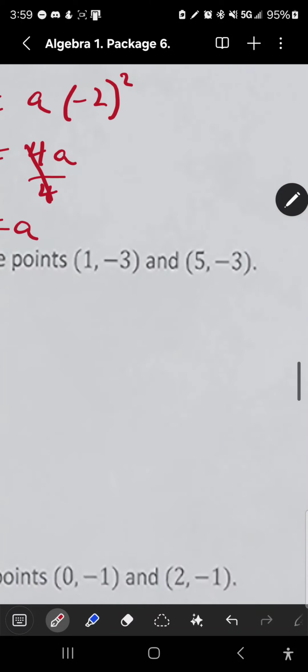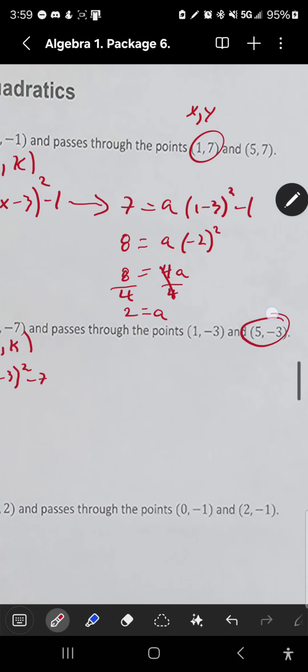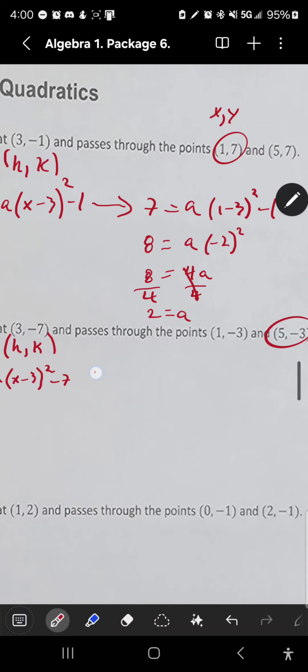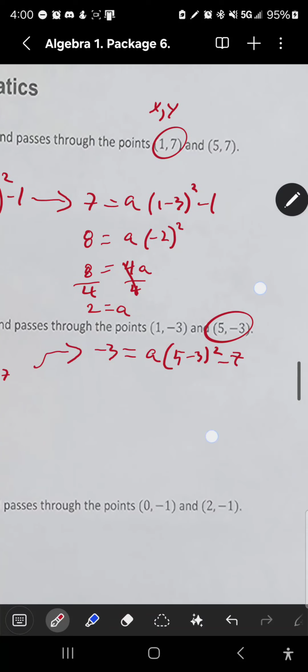We can take any point. I'm going to take this one right here, and substituting the values, negative 3 equals a(5 minus 3) squared minus 7.